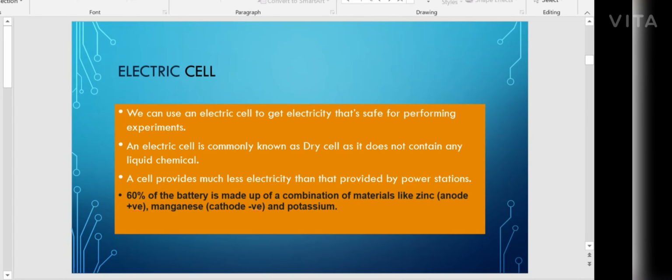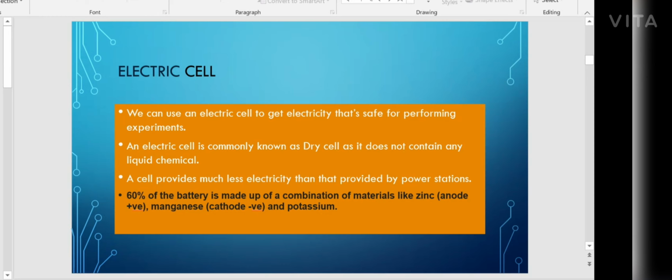The next question is, what is an electric cell? If you cannot connect to the electric supply, you can make use of an electric cell or batteries for the working of some electrical appliances.